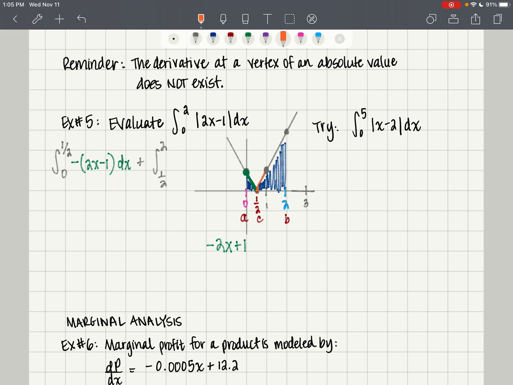And then we have this other straight line, which has an equation of 2x minus 1. So from 1/2 to 2 on the x-axis, the curve is 2x minus 1. And from 0 to 1/2, the curve is the opposite of 2x minus 1.